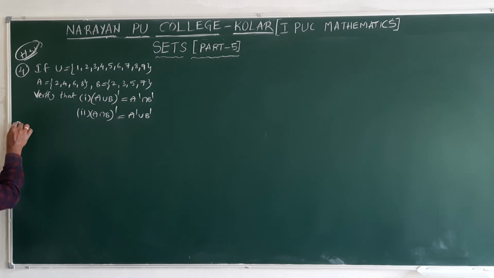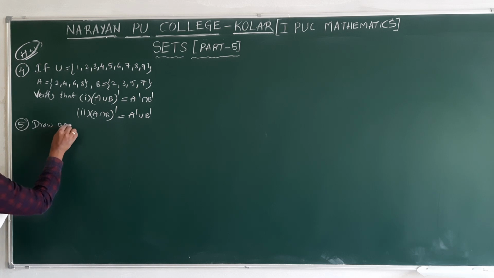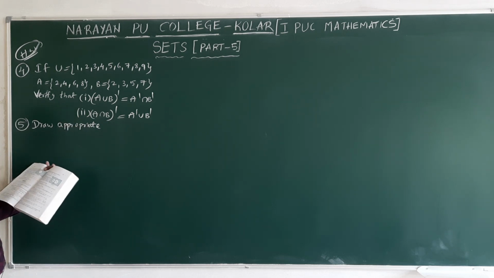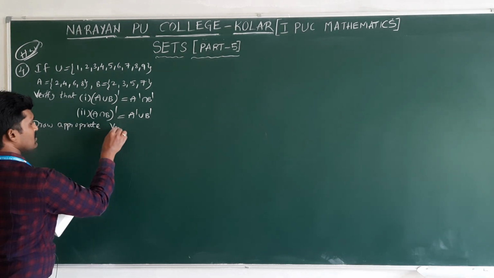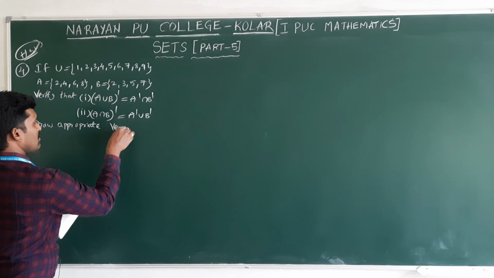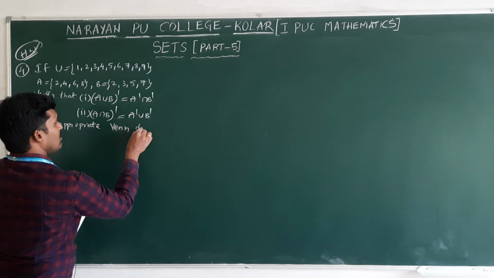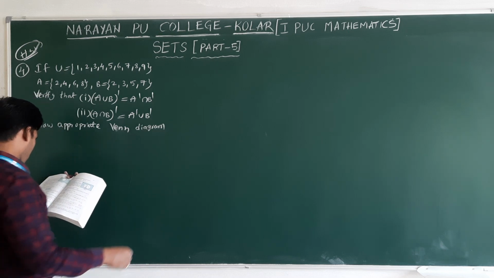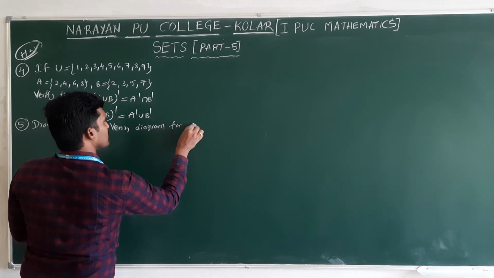Next, question number 5. Draw appropriate Venn diagrams for each of the following.